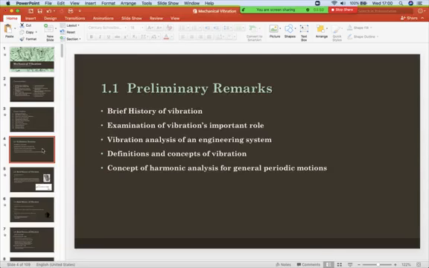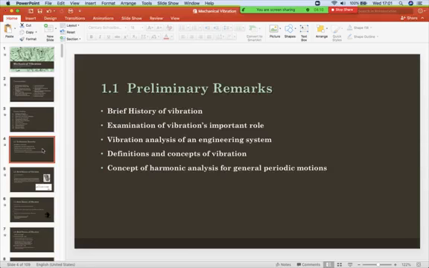So under the preliminary remarks, we talk about a brief story of vibration, examination of vibrations, and important roles. From this study, we'll be able to know the importance of vibration. Since time immemorial, vibration has been there and always part of mechanical development.